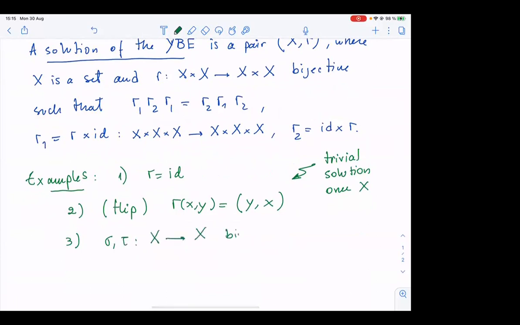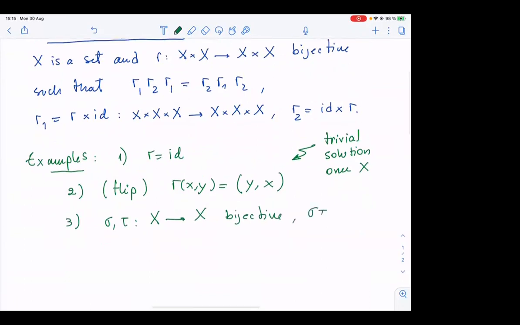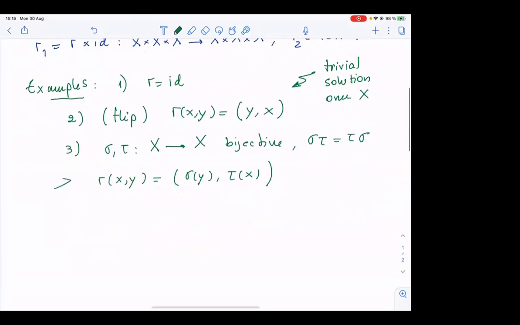So these are bijective maps, and commuting bijective maps. Then this map that I'm writing here is a solution. This family of solutions is known as permutation solutions.